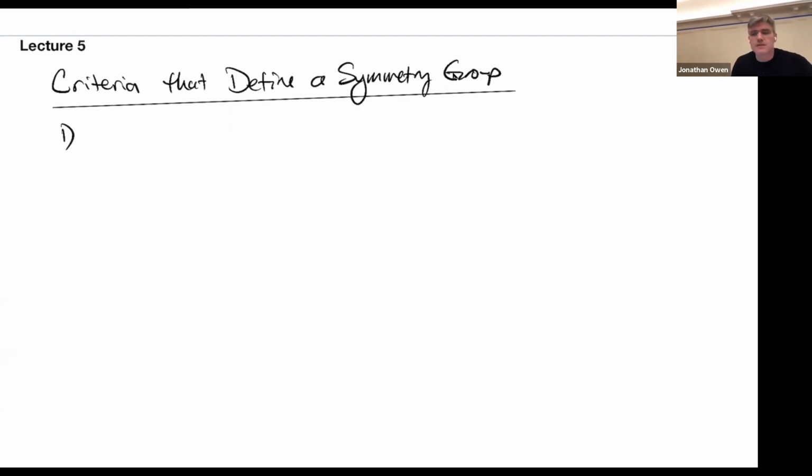One is this identity operation business again. The identity operation is the do-nothing operation. And to define a symmetry group, a group of symmetry operations that are characteristic of a molecule, you have to include the identity operation for everything to make sense. So you have to have one operation that returns all the others.